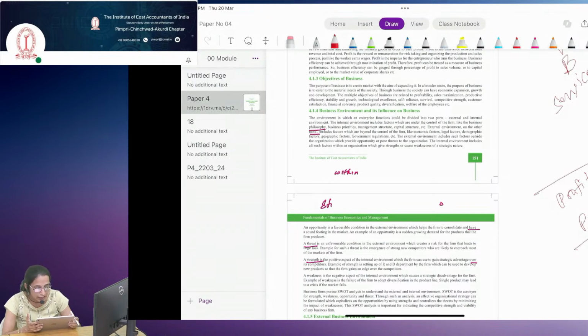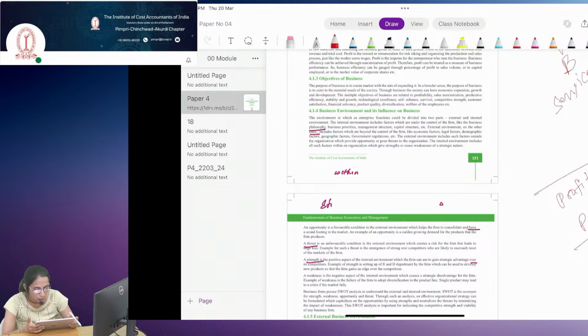The internal environment includes factors which are under the control of the firm, like business philosophy, business priorities, management structure, capital structure. See, management structure is also within the control. The organization can change its management structure, improve its management structure, capital structure. It is decided by the organization only. It can control it. It can change the capital structure, right? So these are within the control of the organization, internal.